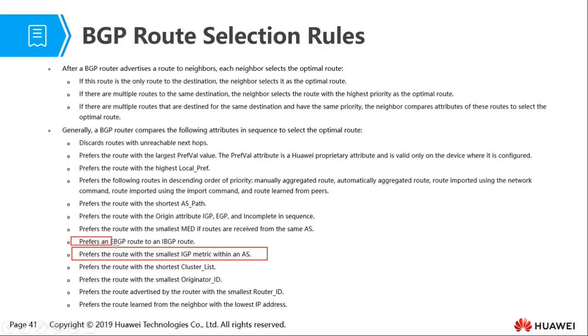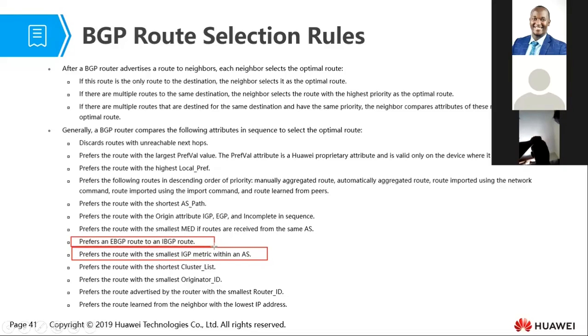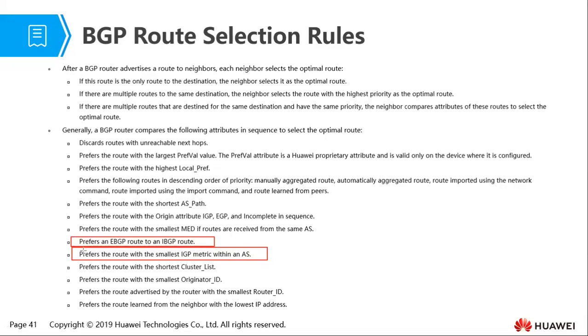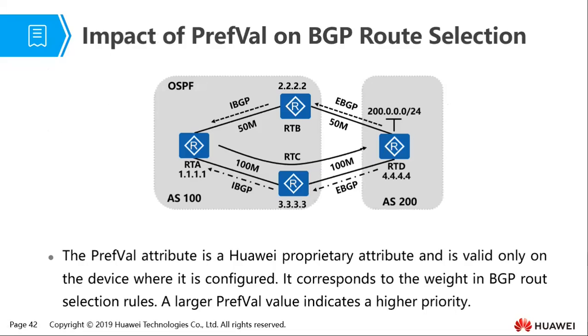So what we've just looked at was this one, prefers EBGP route to an IBGP route. So right now we want to look at this one, prefers the route with the smallest IGP metric. So how does it impact the route selection?